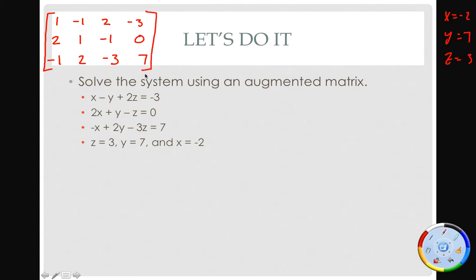Now, you do have to be careful. In this case, it was all x, y, z number. X, y, z number. X, y, z number. You have to make sure that you have an x column, a y column, a z column, and then the equal to part column. So notice we don't use any x's, y's, and z's in this. We're just going to use the coefficients themselves.